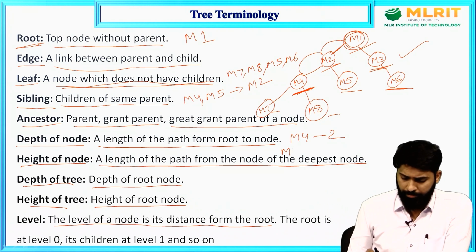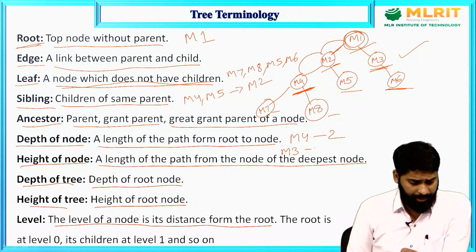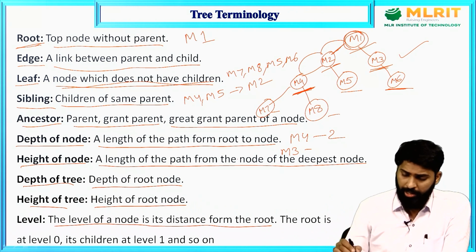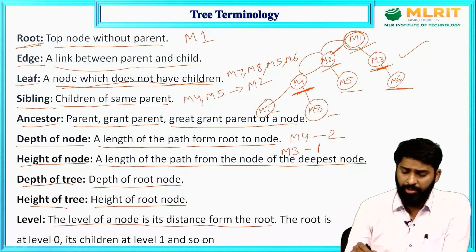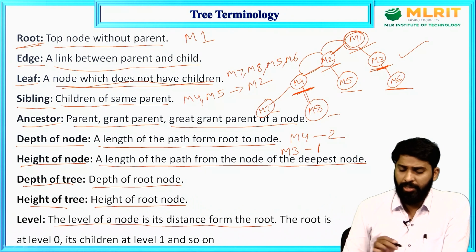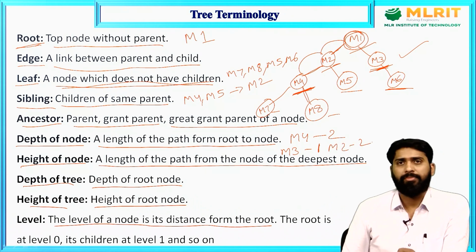What is the definition of height? A length of the path from the node to the deepest node. Here, for M3, the deepest node is M6. So the height of M3 is 1. What is the height of M2? For M2, the deepest node is M8. So for M2, the height is 2.